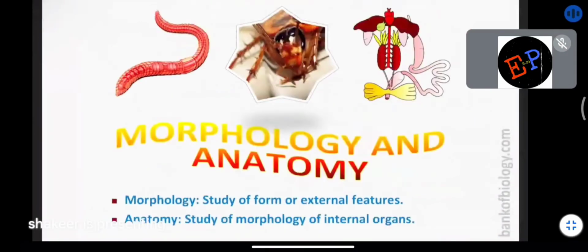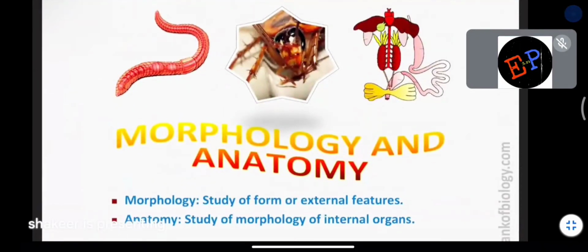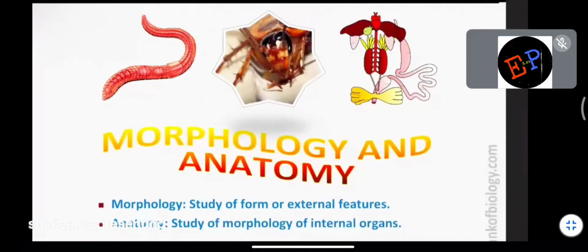So we will stop up to here. In the afternoon, we will study about morphology and anatomy of cockroach. Clear? That's it.